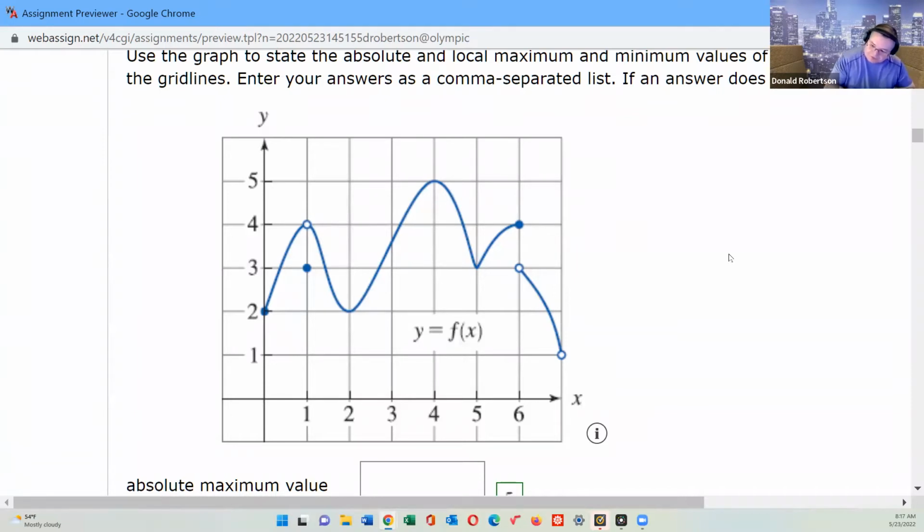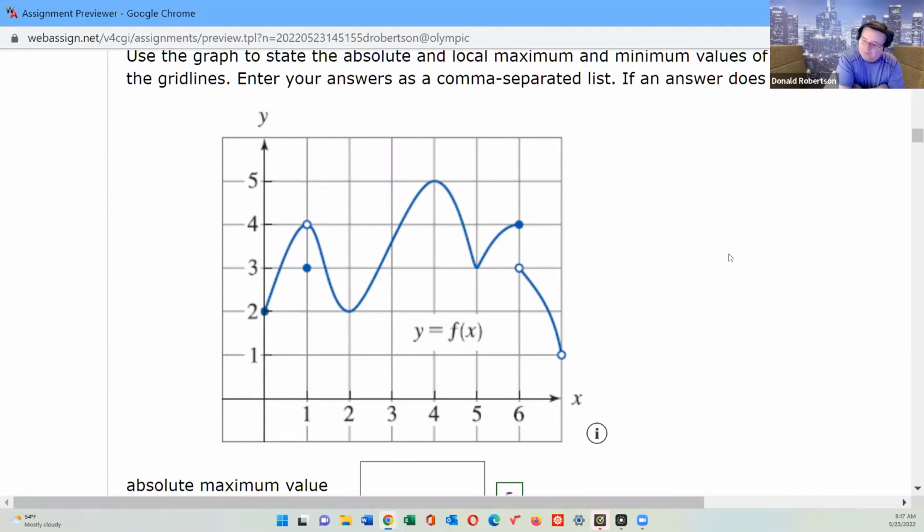Right, so there is a difference between an absolute and a local max and min, right? Can you be both at the same time? Can you be an absolute max and an absolute min? No, I'll say it again. Can you be an absolute max and a local max at the same time? And the answer is yes.